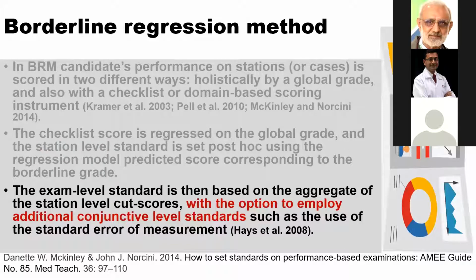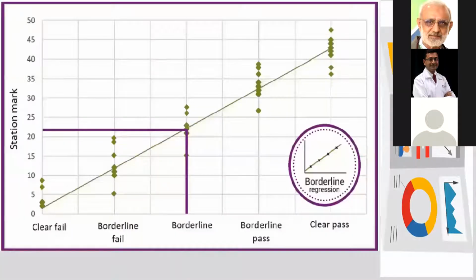The exam level standard is then based on the aggregate of the station level cut scores, with the option to employ additional conjunctive level standards, such as the use of the standard error of measurement. Here is an example.